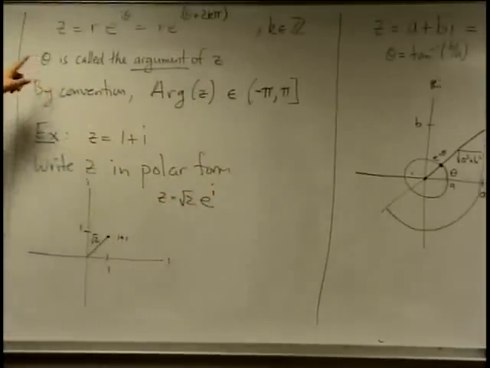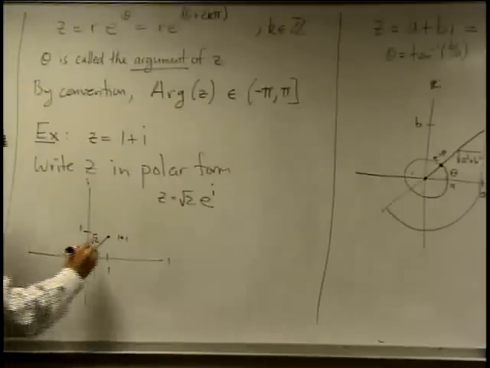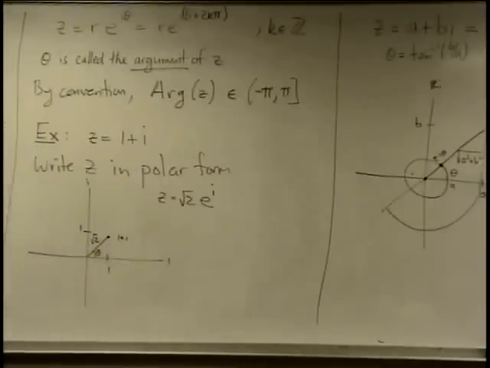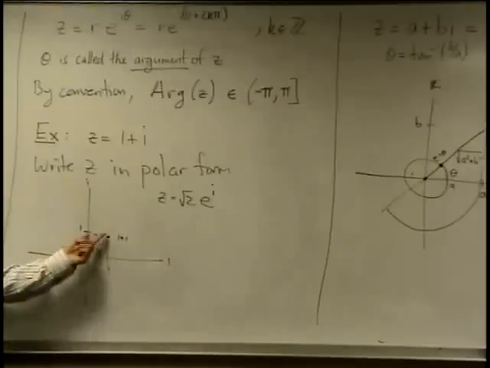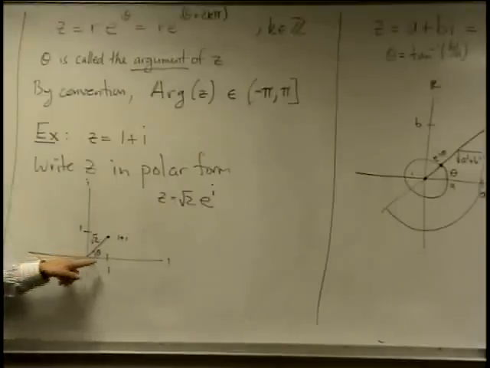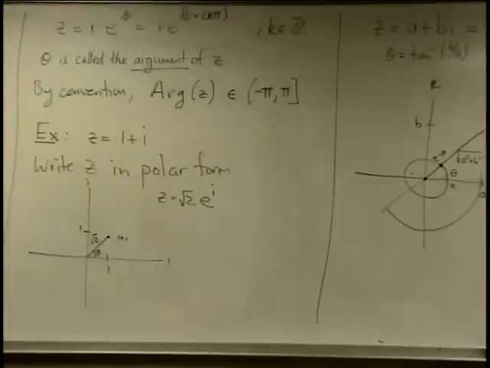Well, now we need the argument. So the argument is this angle here. What does that angle have to be? Pi over 4. Yeah, exactly. It's an isosceles right triangle. There's only one way to do that, up to the length of the side, and that's to have a 45, 45, 90 right triangle. So this angle has to be pi over 4.